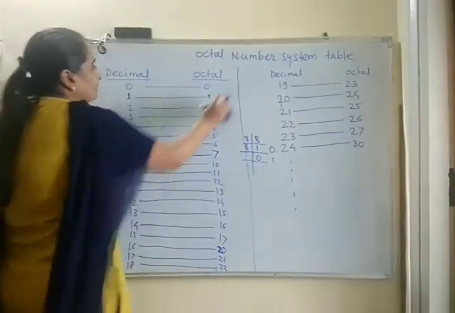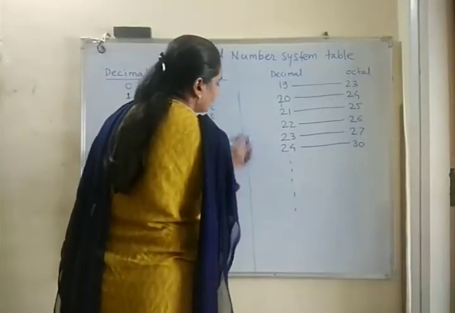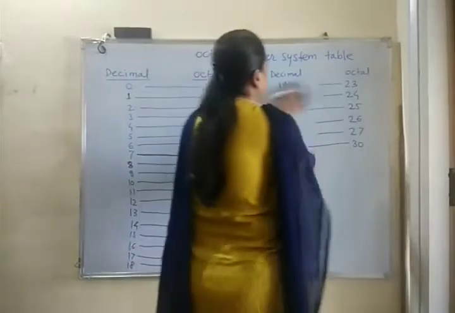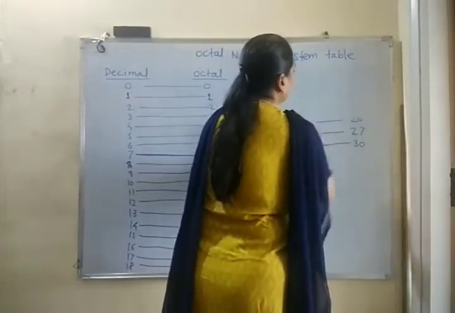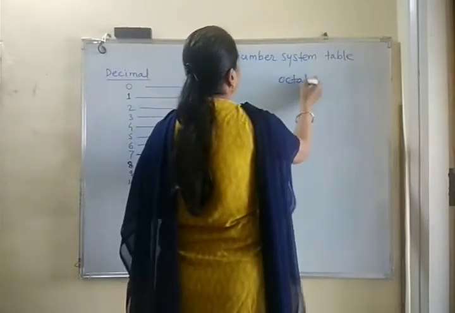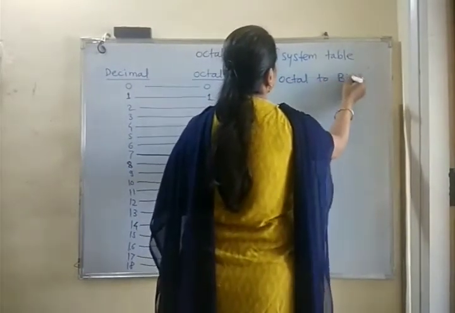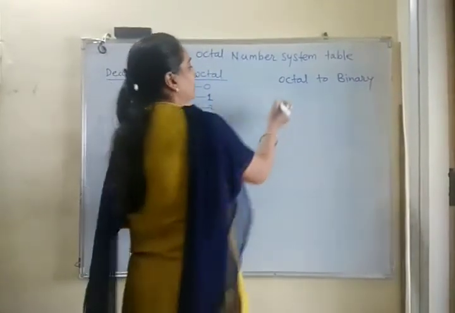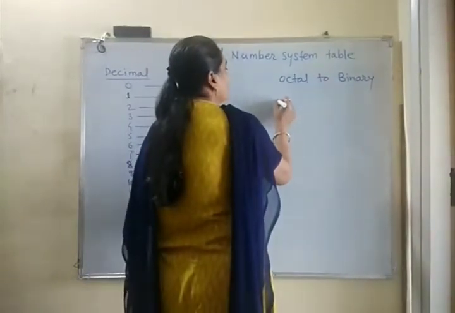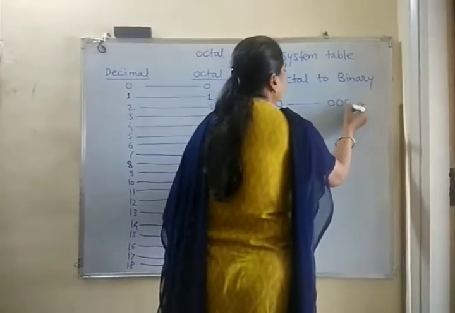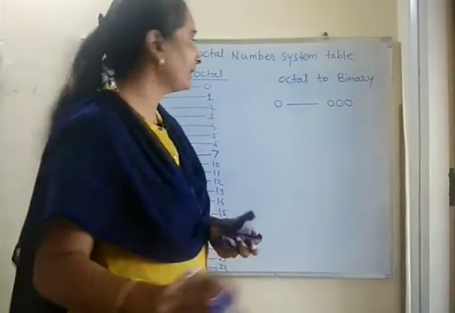Now next our conversion is octal to binary. Whenever you are converting octal to binary, remember one thing: each octal digit is represented in binary in a 3-bit combination compulsorily. Why?